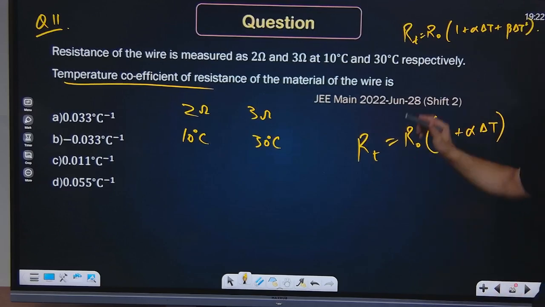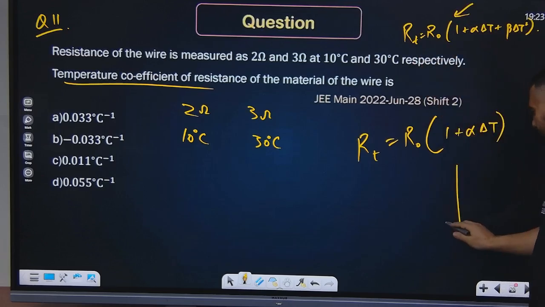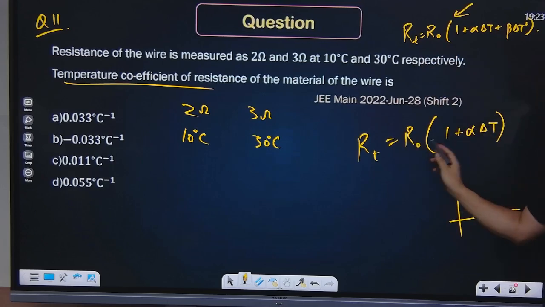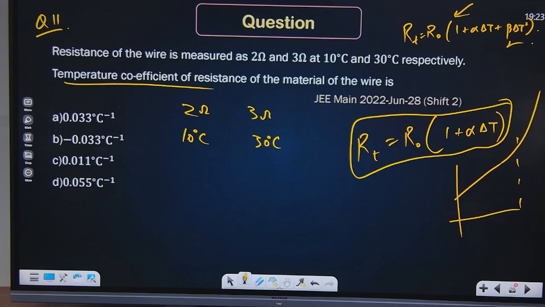So if you plot this, the graph is a straight line, right? But for high temperatures, this graph changes. So how high is high? Very high. So with respect to you, for you, this is valid. Okay, then.